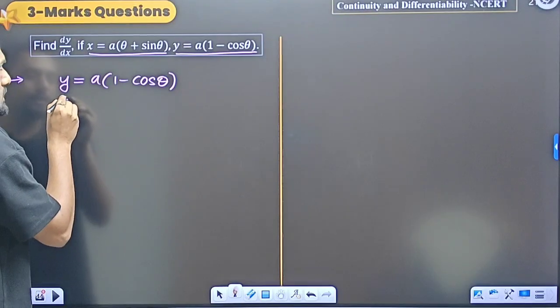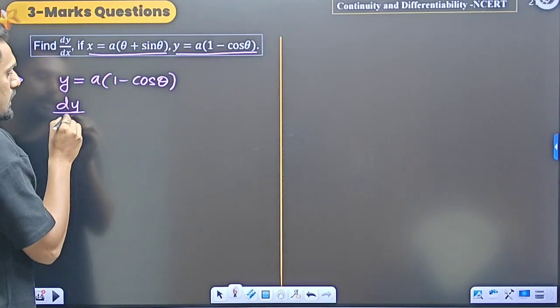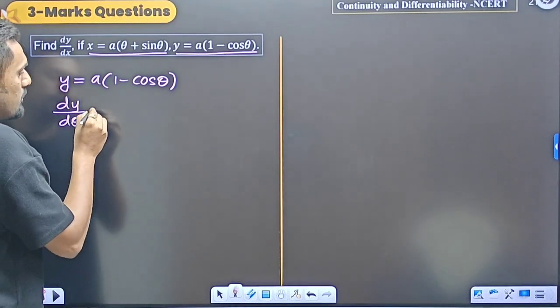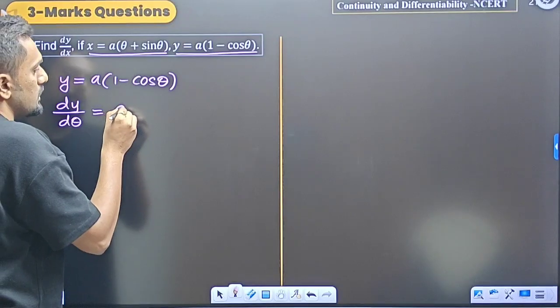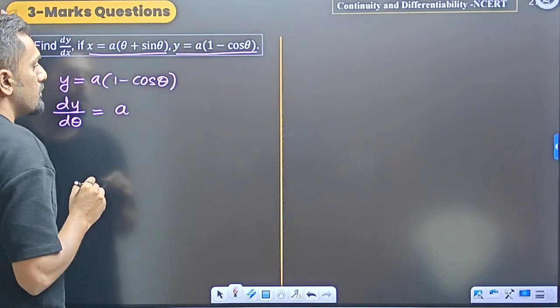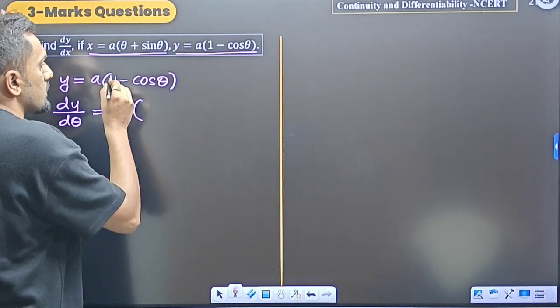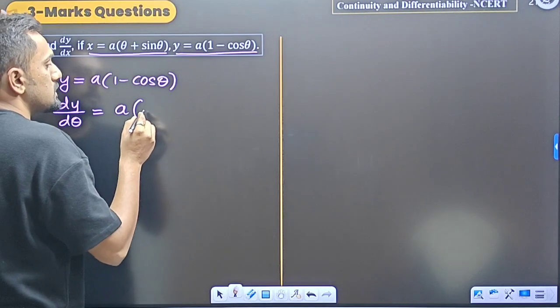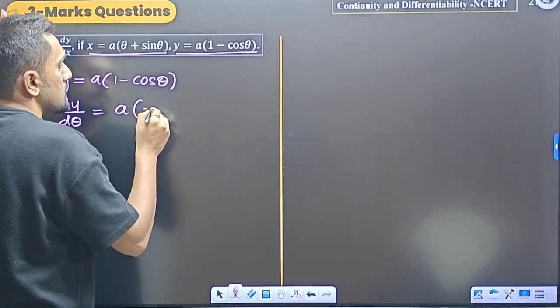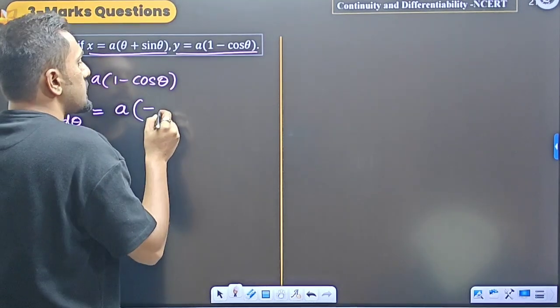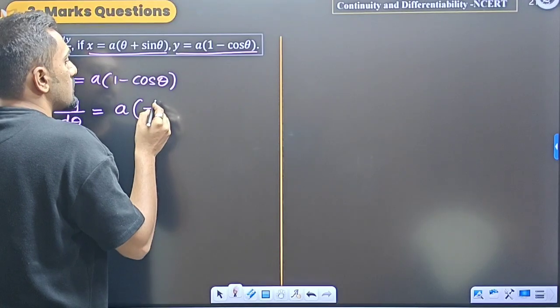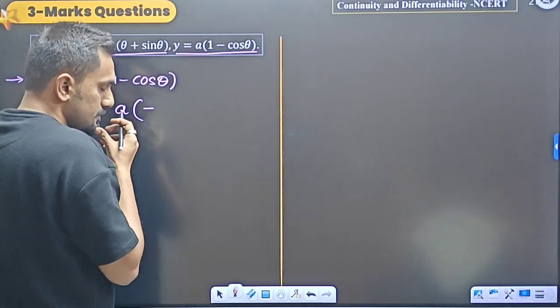If I differentiate this function with respect to theta, then it becomes dy by d theta is equal to a, a is a constant, let me keep it as it is. Then what is the derivative of 1? 0, minus derivative of cos theta.